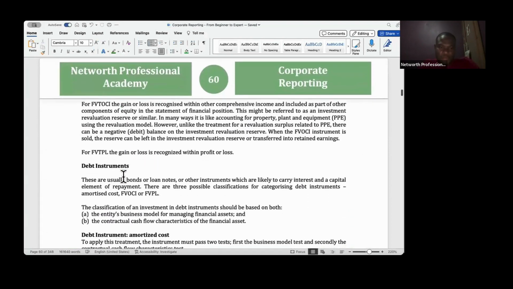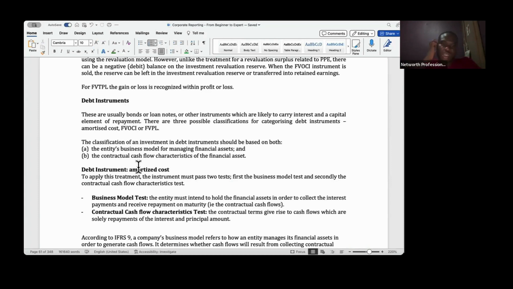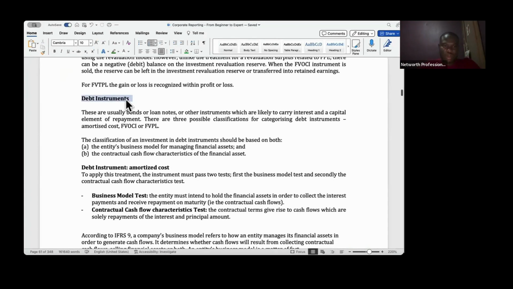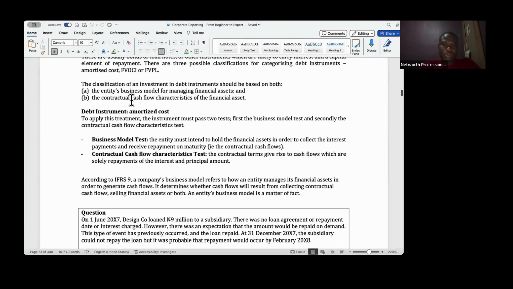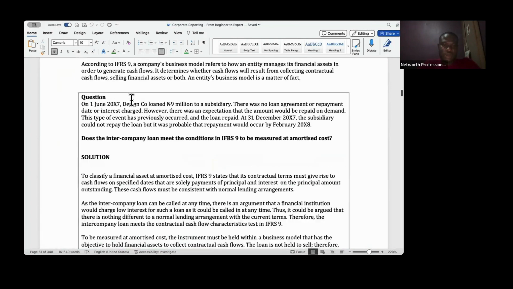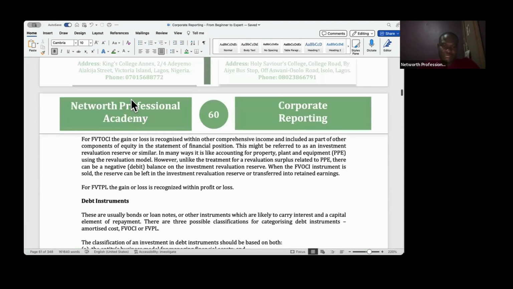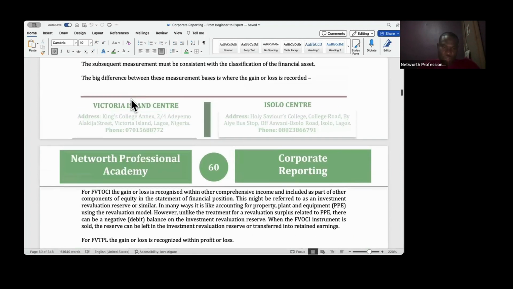I'm going to stop here for today. Still on financial assets, I'll continue from debt instruments next week. So I just hope that all these things we are teaching you, you guys are reading them.